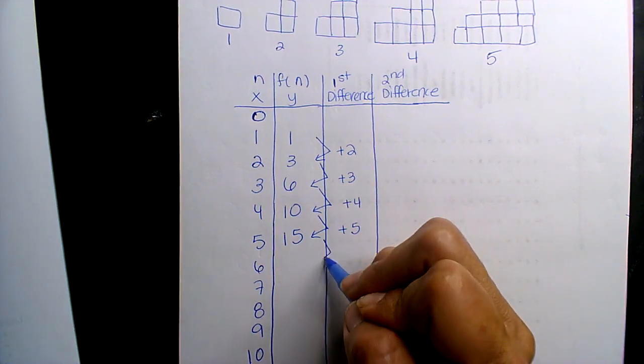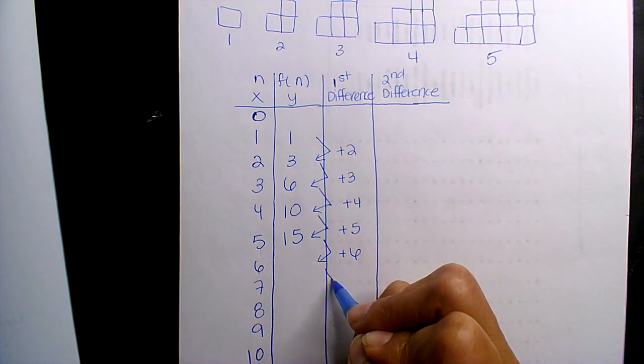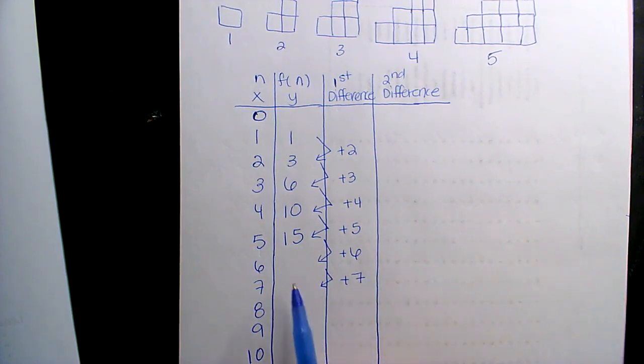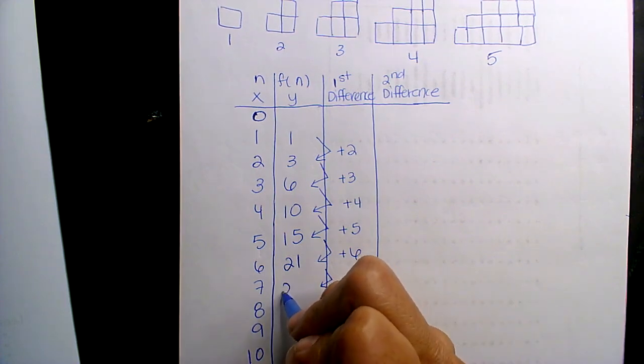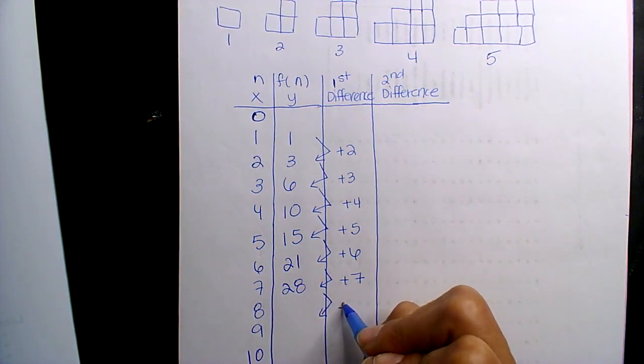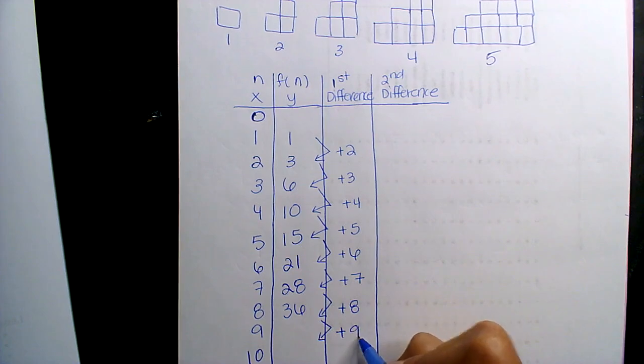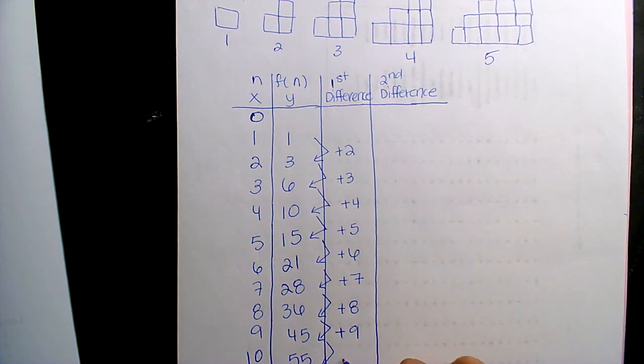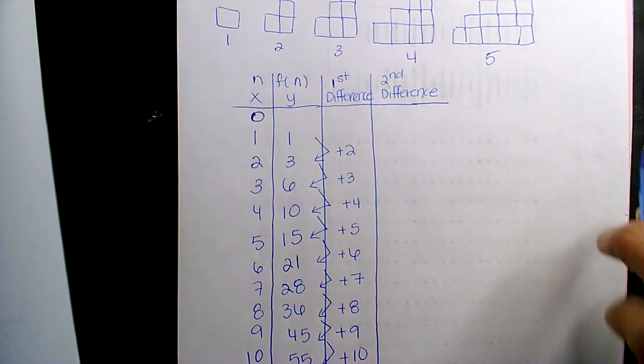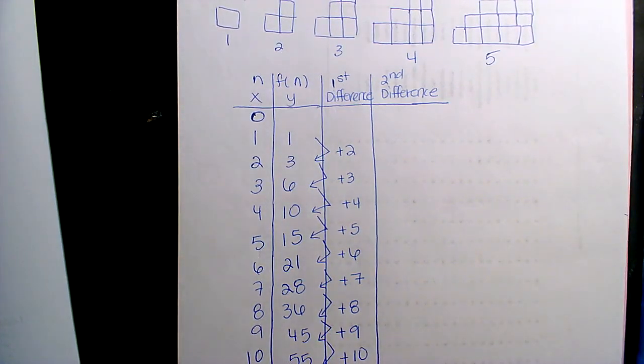Okay, so if you were to continue that growth, 6 would have how many? 21. 7 would have how many? 28. What else? 36. 45. 55. Very good.